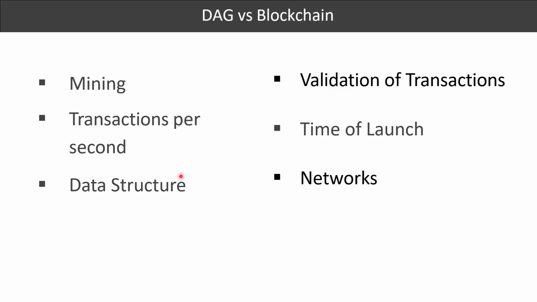So it's faster transactions per second, and it's a linking data structure. Again, mining is not needed because each transaction is linked to one another. They're validated at the same time, and that delivers more real-time transactions.